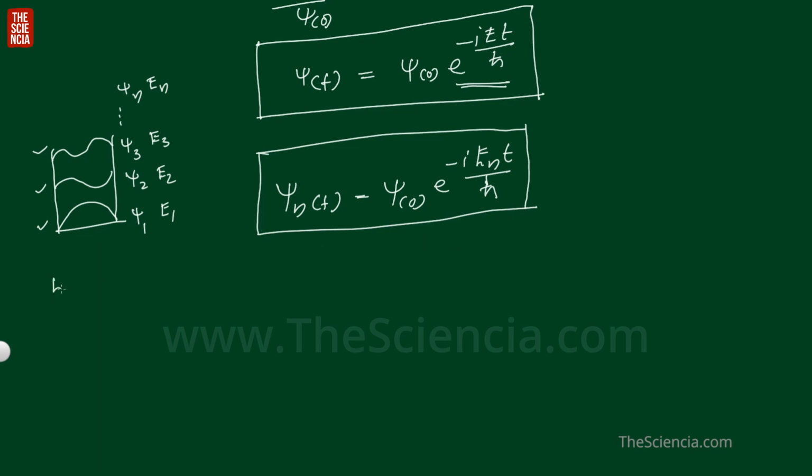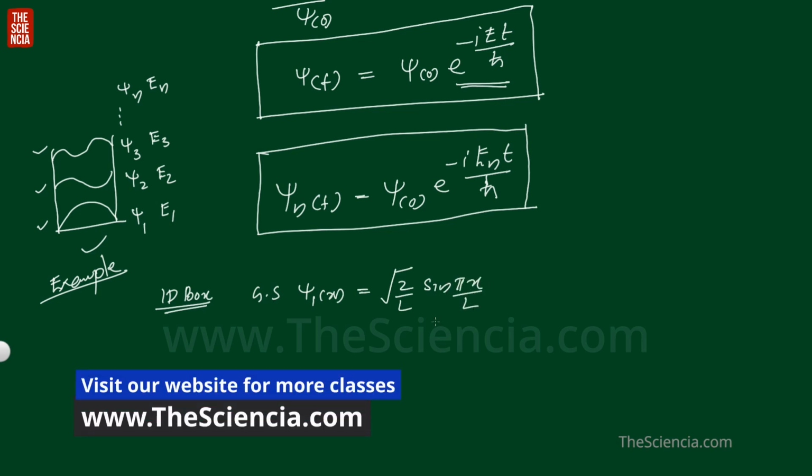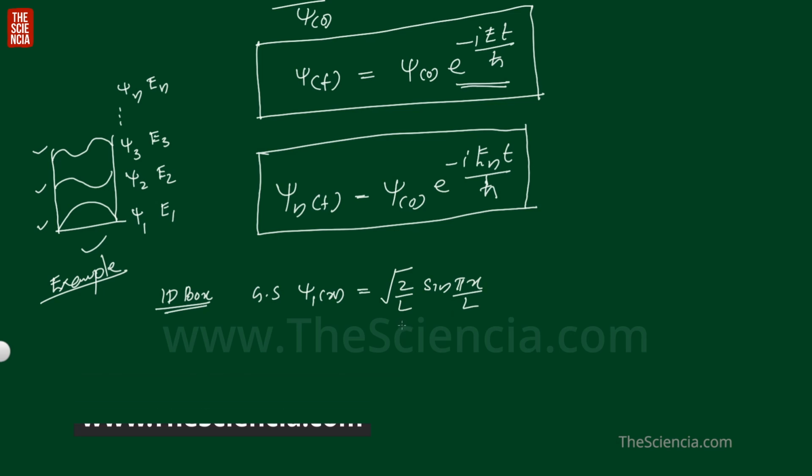Let us consider an example. Let us consider a 1D box like this one. For a 1D box, the ground state wave function ψ1 of x will be equal to root 2 by L sin πx by L. Now I want to find out the value of this wave function after some time t. How can we find it out?